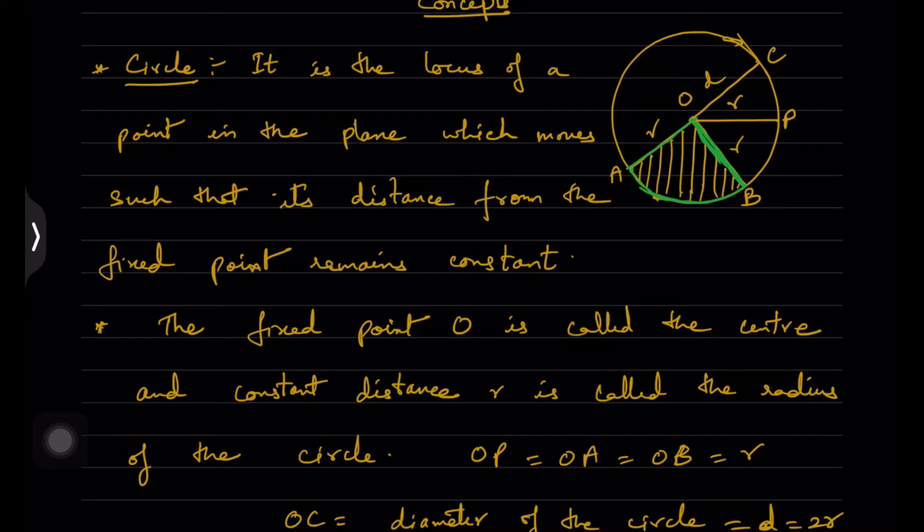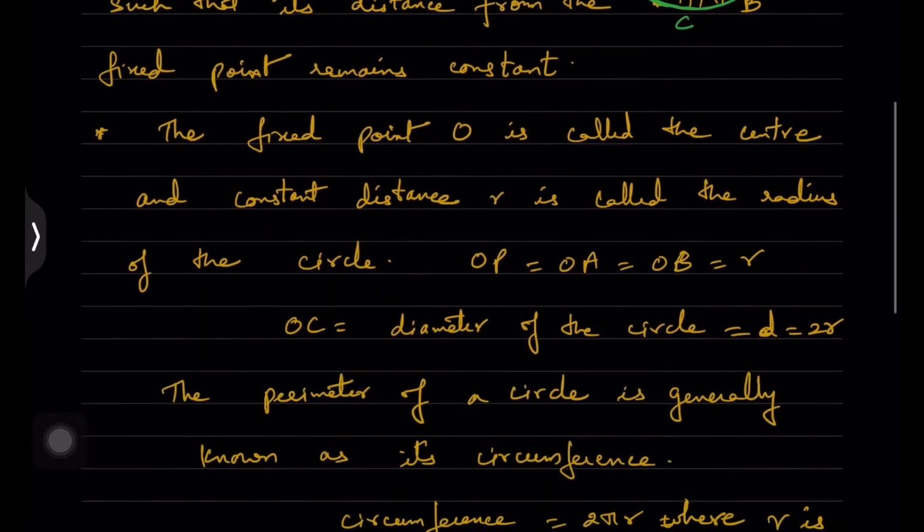All this part is the sector. If you name it, ACB is an arc of the circle, and OACBO is the sector of the circle with center O. Now here we have a minor sector and a major sector. The minor sector is this part where you have this arc, and the remaining part left out in the circle is the major sector.